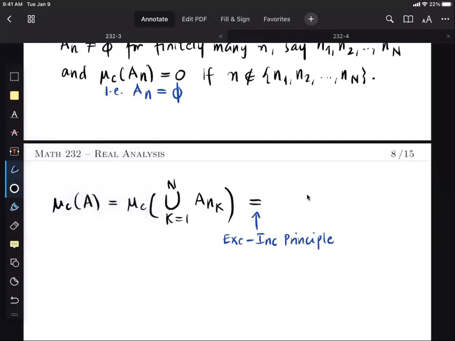Since the A sub n's are pairwise disjoint, the cardinality of the pairwise disjoint union is the sum of the cardinalities. So here we have the sum of the counting measure, in this case.